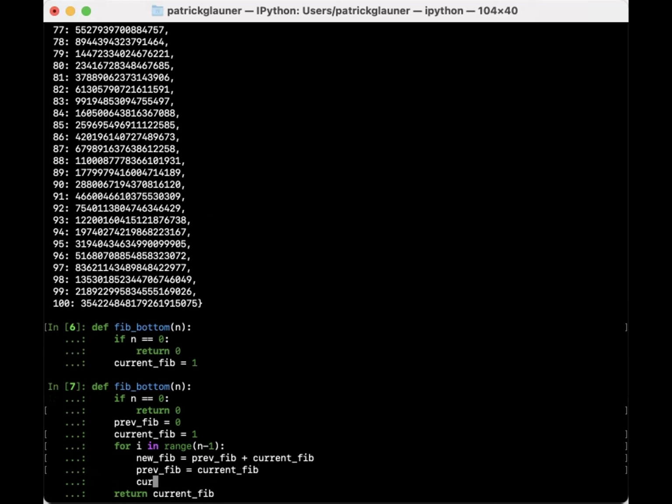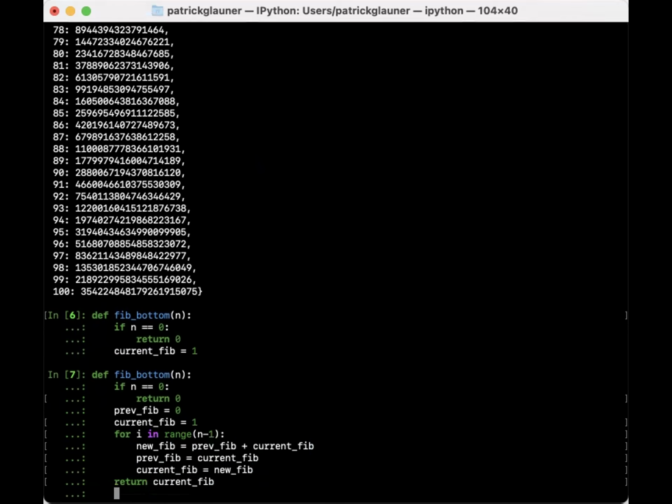And the new current one is the newly calculated Fibonacci number. And then I may have multiple iterations, and I'm always calculating that new Fibonacci number from the previous one and the current one. Then the previous one, or the one that was the current one, is then called the previous one, and current one is the new one. And I'm returning the current one.